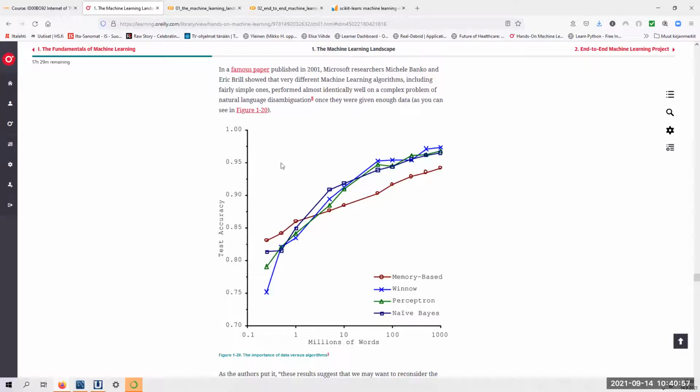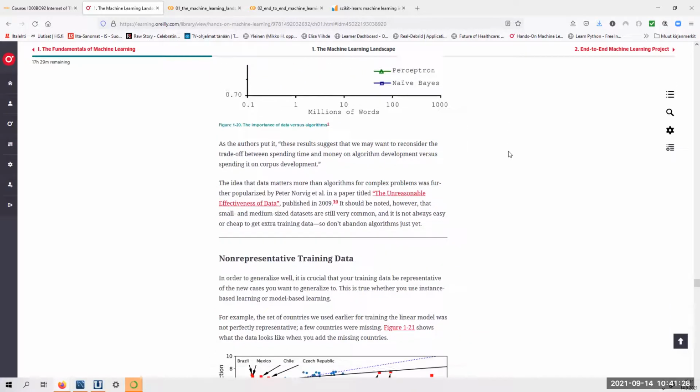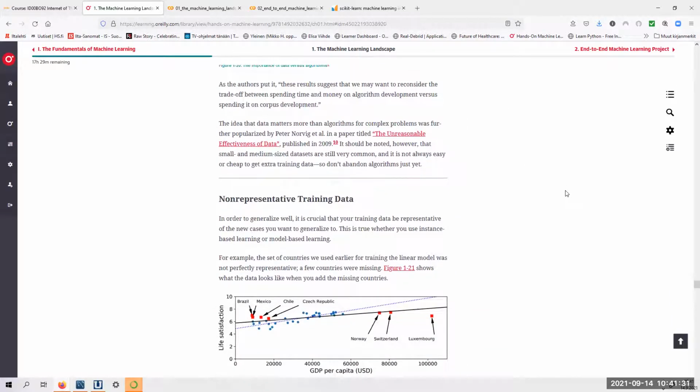The test accuracy increases much more in accordance with the number of words. The algorithms are quite the same. So all the algorithms, including fairly simple ones, performed almost identically well on a complex problem of natural language disambiguation once they were given enough data. So the data matters more than algorithms for complex problems.